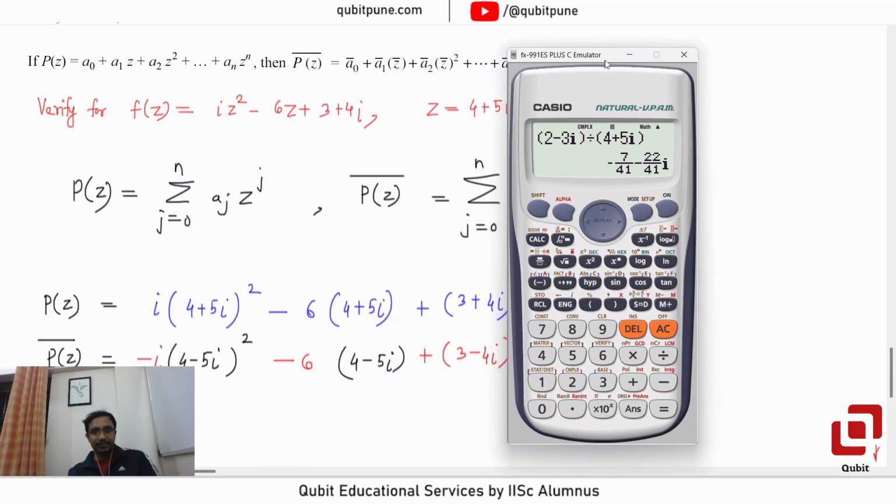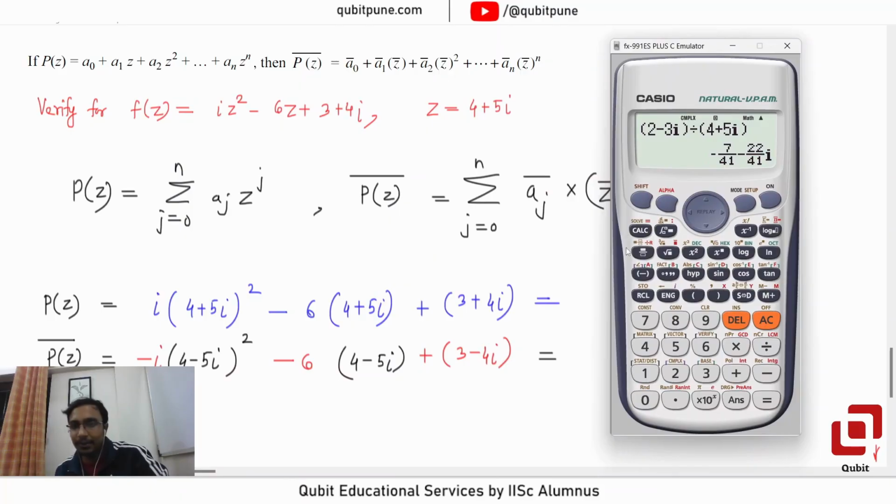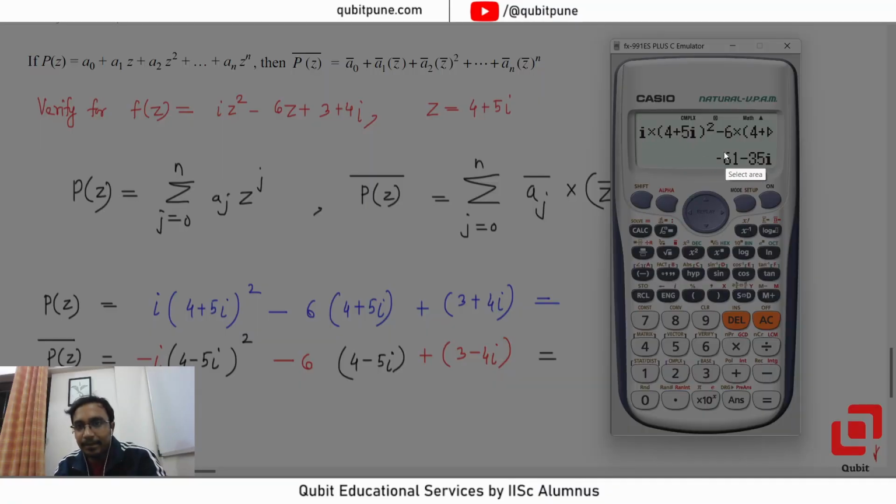First i into bracket 4 plus 5i squared, minus 6 into bracket 4 plus 5i, plus, well, no need to put a bracket here, but I want to emphasize that it's a constant term, so I'm putting a bracket, negative 61 minus 35i.